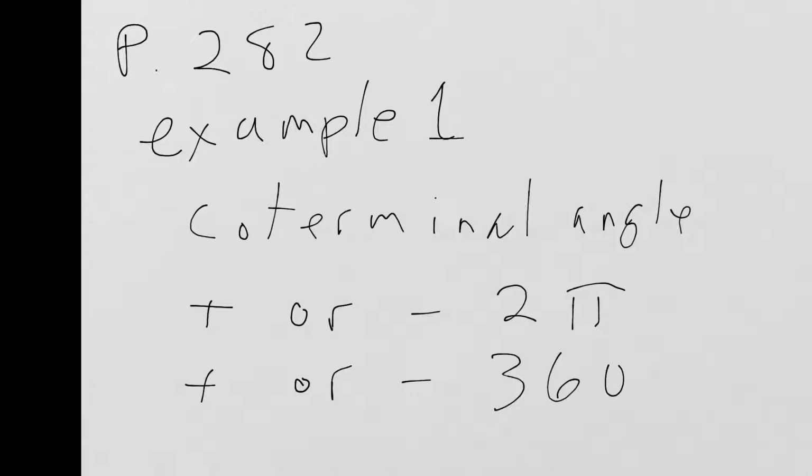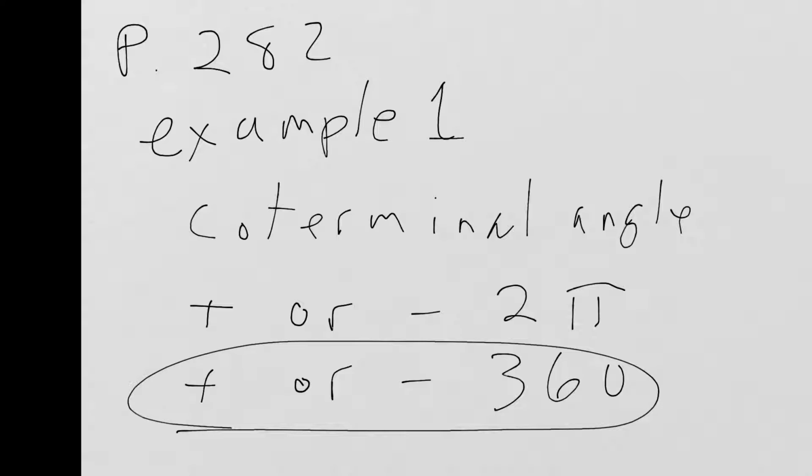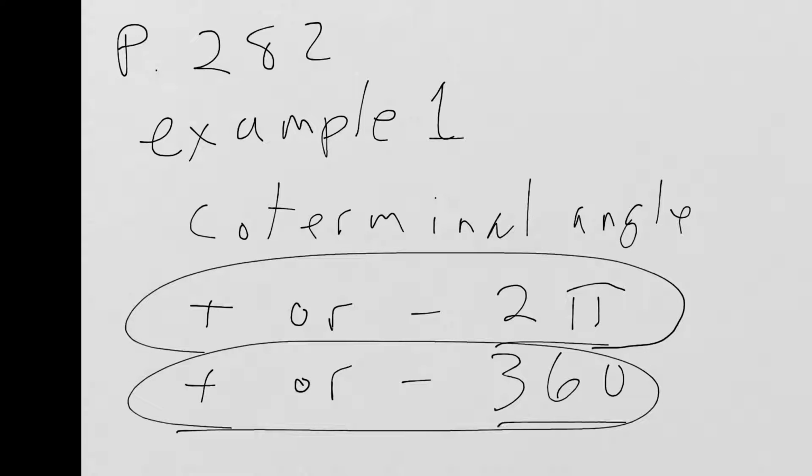So coterminal means that two angles are 360 degrees apart in degrees, or 2 pi apart if they're in radians, because 2 pi and 360 mean the exact same thing in a circle. The top one is radians here, and the bottom one is degrees.